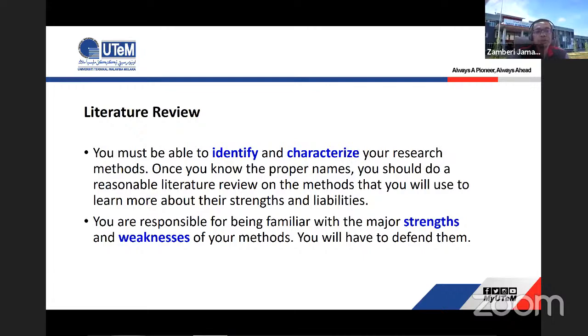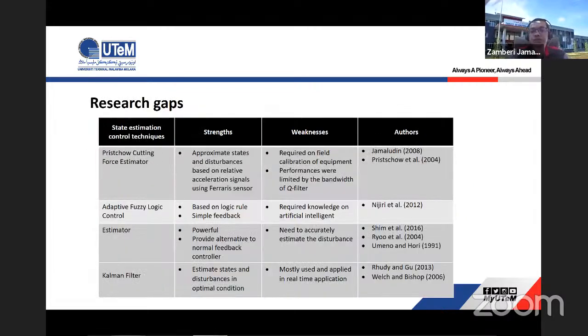Okay, for example, this is the kind of table that researchers could do. This is from a student, in fact, from his five sessions. He tried to look at the research gaps. Again, my work is on machining, machine tools, and we are working on the development of controllers that could compensate for disturbance.